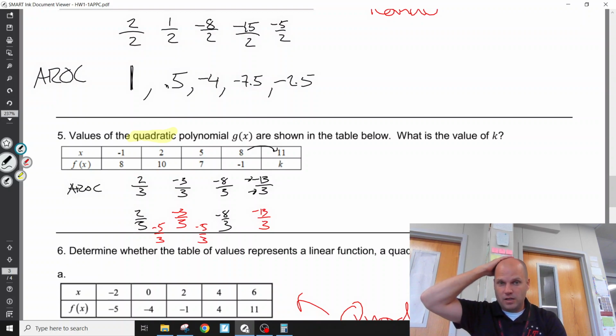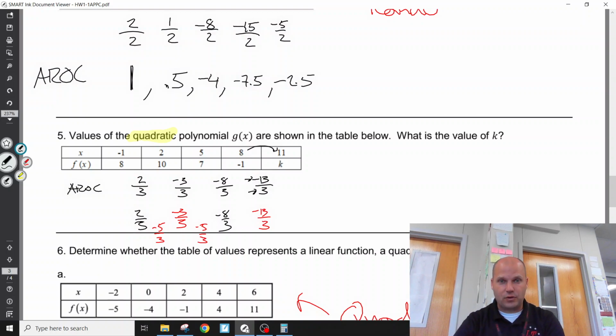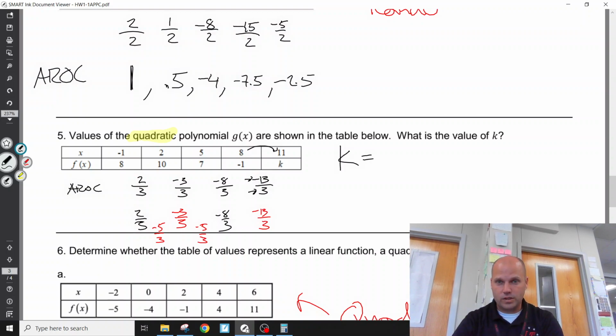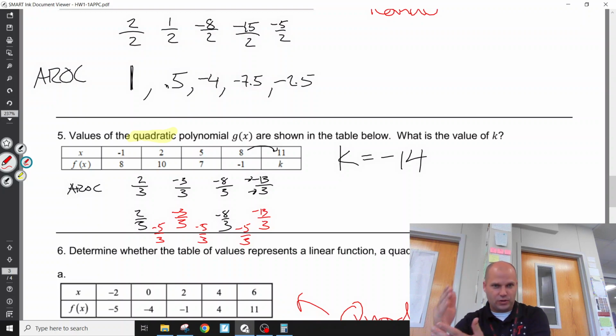So that would be -1, subtract 13, go down 13, I get -14. You can check, boom, -1 to -14, down 13/3. That would fit in the linear pattern of the rates of change: 2/3 to -3/3 to -8/3 to -13/3.